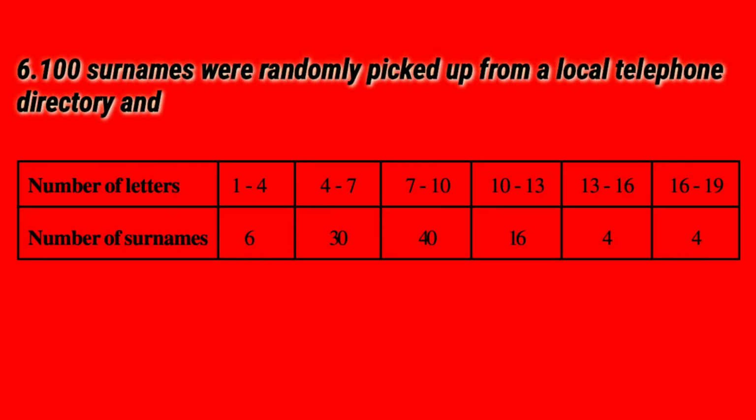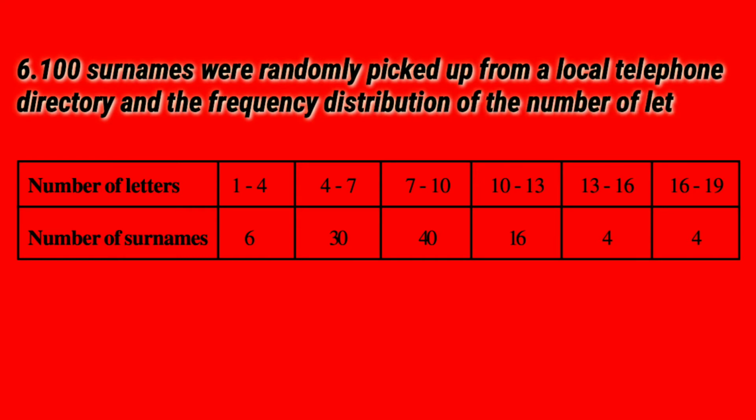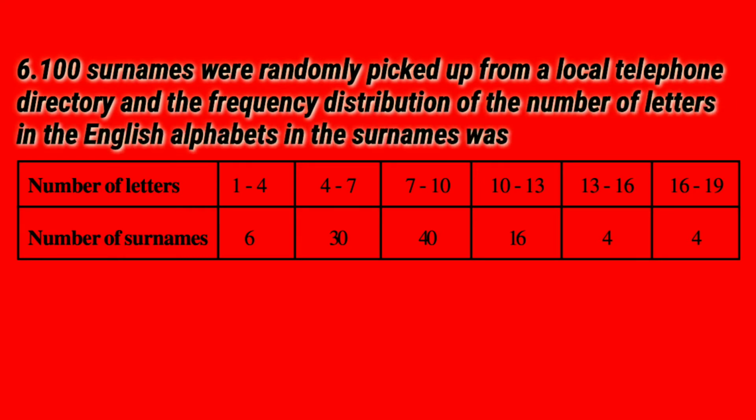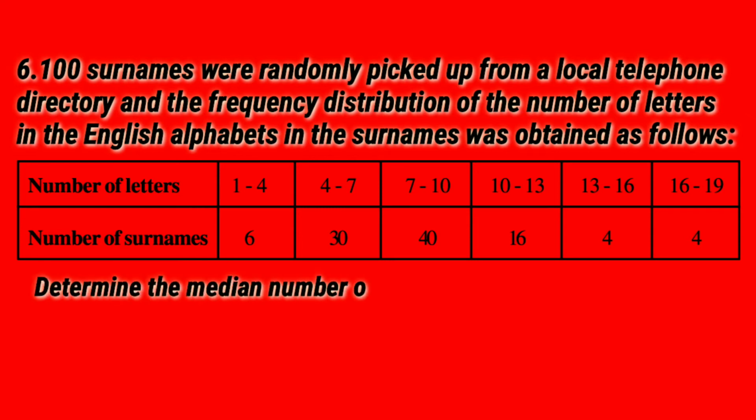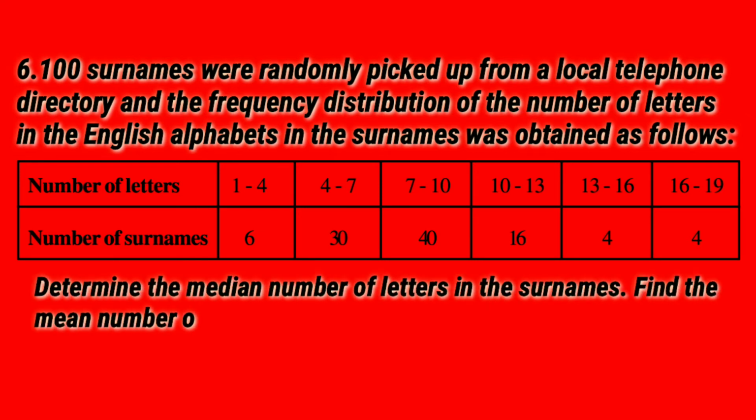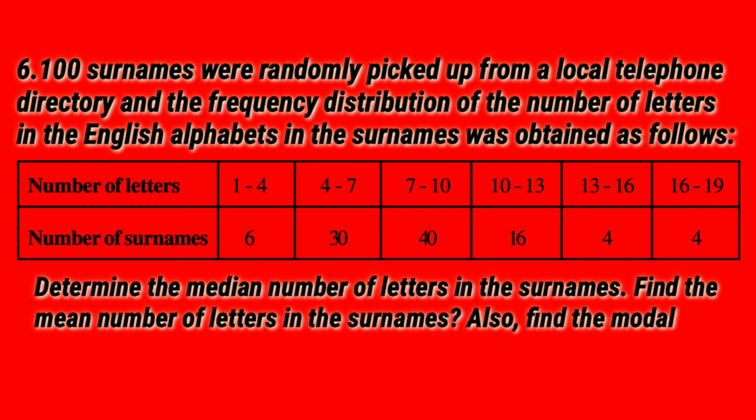Now we have a question here. 100 surnames were randomly picked from a local telephone directory, and the frequency distribution of the number of letters in the English alphabet in the surnames was obtained as given in the table below. Determine the median number of letters in the surnames. Find the mean number of letters in the surnames.